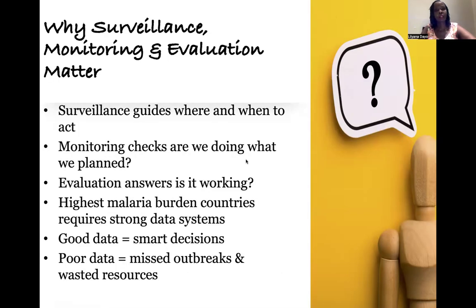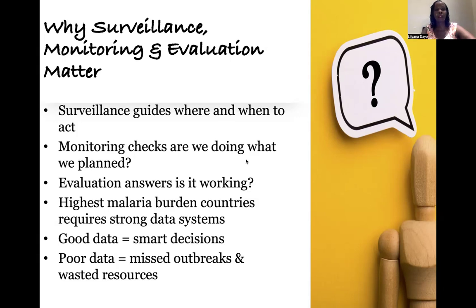So why surveillance, monitoring and evaluation matter is because surveillance guides us on when and where to act. Monitoring checks on whether whatever we are doing is what we planned earlier, whereas evaluation answers the question whether the interventions are working.